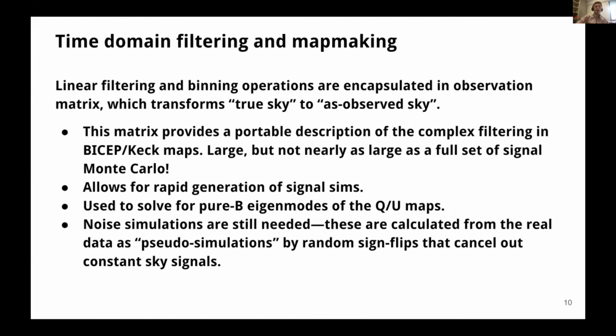And so a nice thing for people who are maybe interested in using our data and our maps is that this provides a relatively portable description of all the complicated filtering that goes on in the maps. I say relatively portable; it's like a 60 gigabyte matrix or something, but it's manageable.